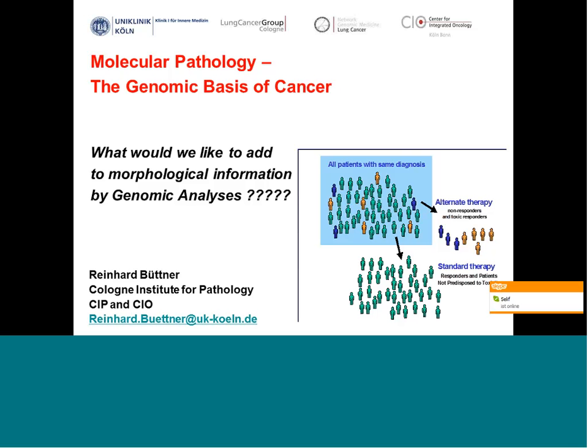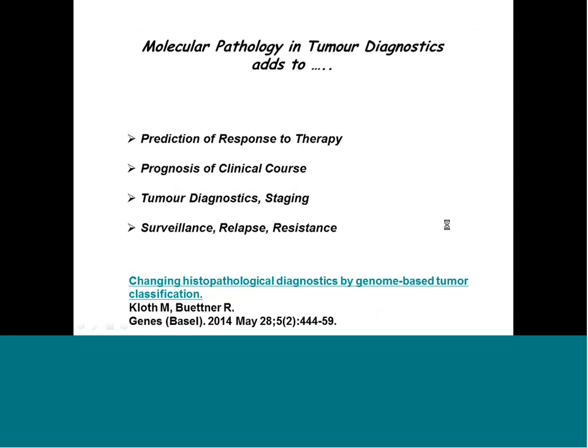The question here is also what is a suitable alternate therapy for the individual patients. So we have recently summarized this question of changing a mere morphological pathology to a more genomic-driven and genomic-based classification of tumors.